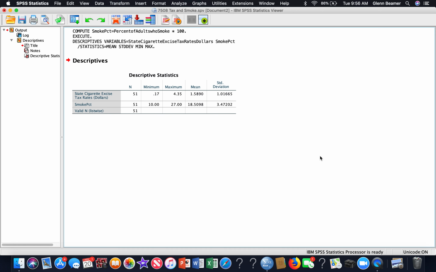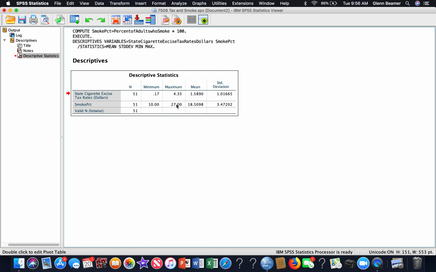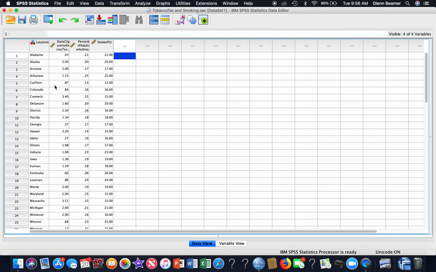It gives us a table: the minimum is 17 cents per pack, and the maximum is $4.35 per pack. The smoke percentage ranges from a low of 10%, which is probably in Utah, to a maximum of 27%. And in fact, I am going to take a second to look at my data.